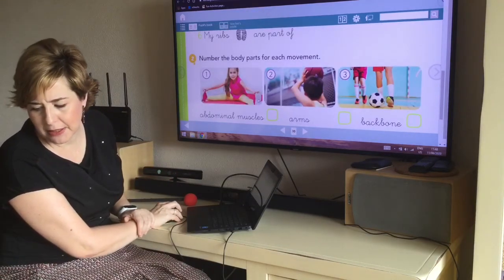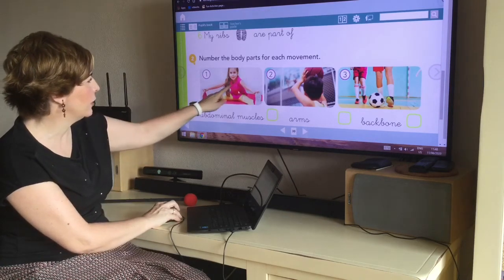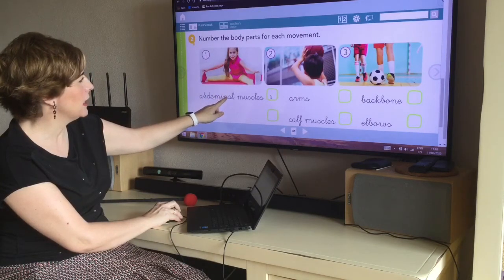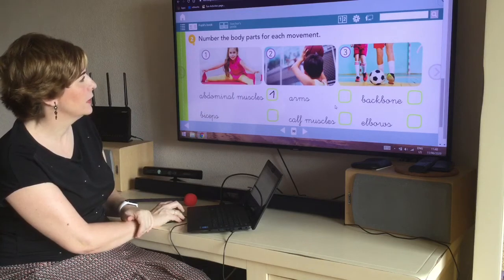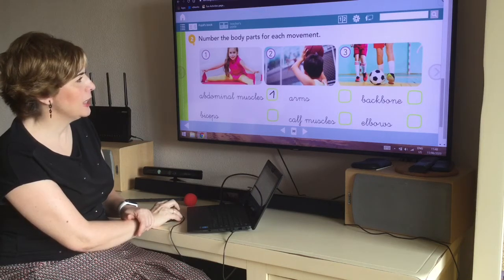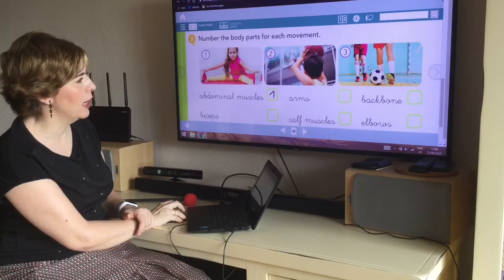Which number is going to refer to abdominal muscles? Abdominal muscles. Number? What do you use here? Abdominal muscles is number 1. Arms. For each movement, where do you need your arms?